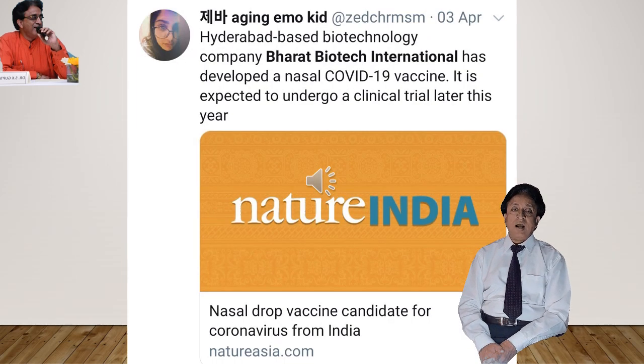The study was published in Nature India, where it was stated that the Bharat Biotech International company situated in Hyderabad is developing a nasal COVID vaccine by the name of Coroflu, and it is being developed in association with the University of Wisconsin Madison in the USA, and this will be given by the nasal route to the patients.